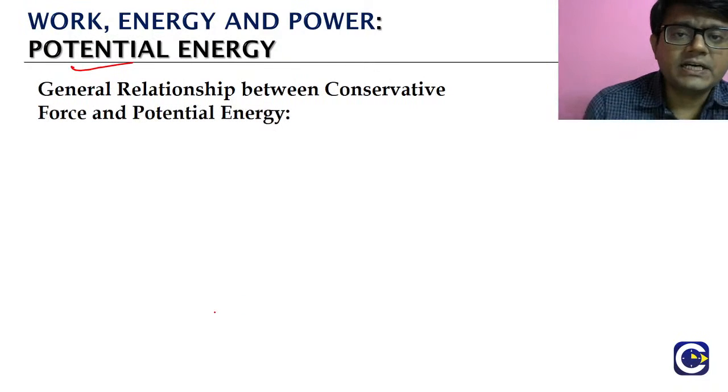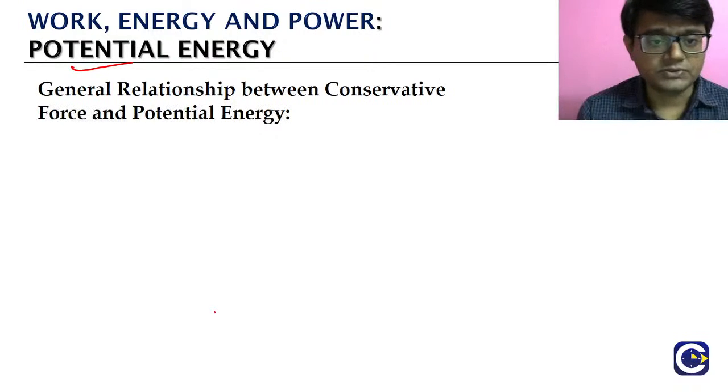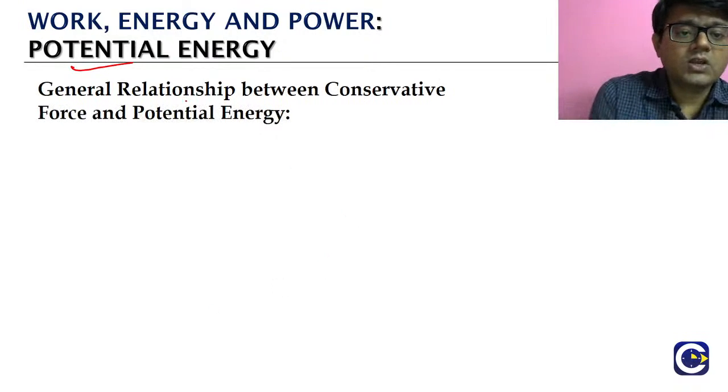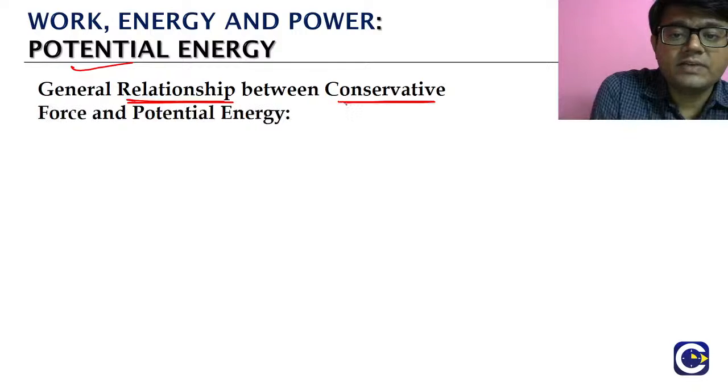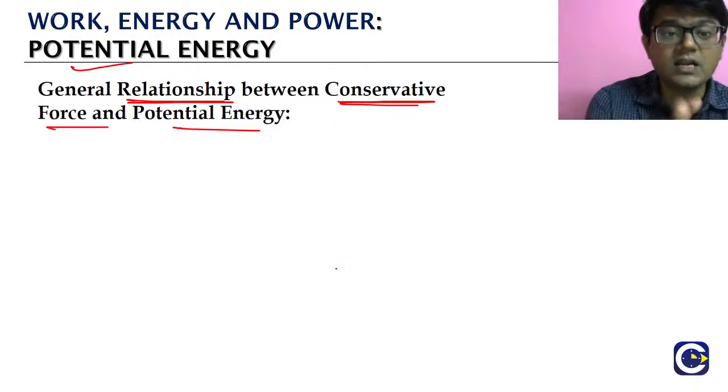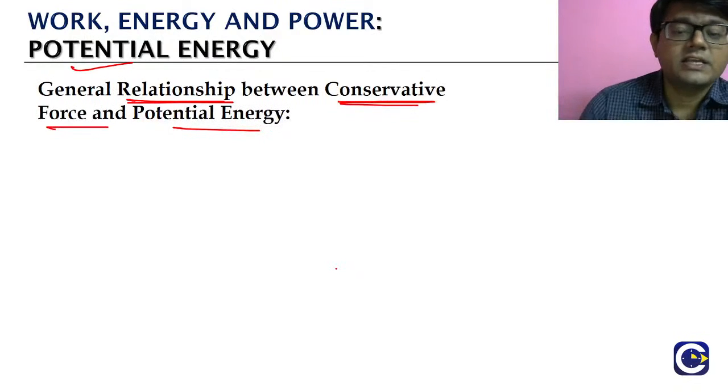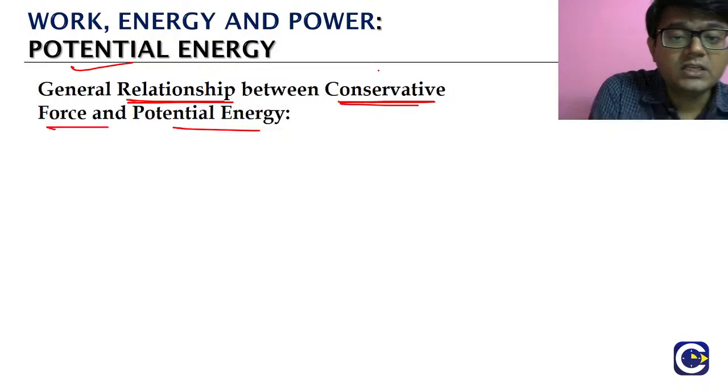Next, we have looked at the relation between the potential energy and the work done by the conservative force. But we can also look at the relation between the conservative force itself and the potential energy. It is a general relation, for the gravitational force or the spring force. We are going to relate the conservative force value itself to the potential energy term.